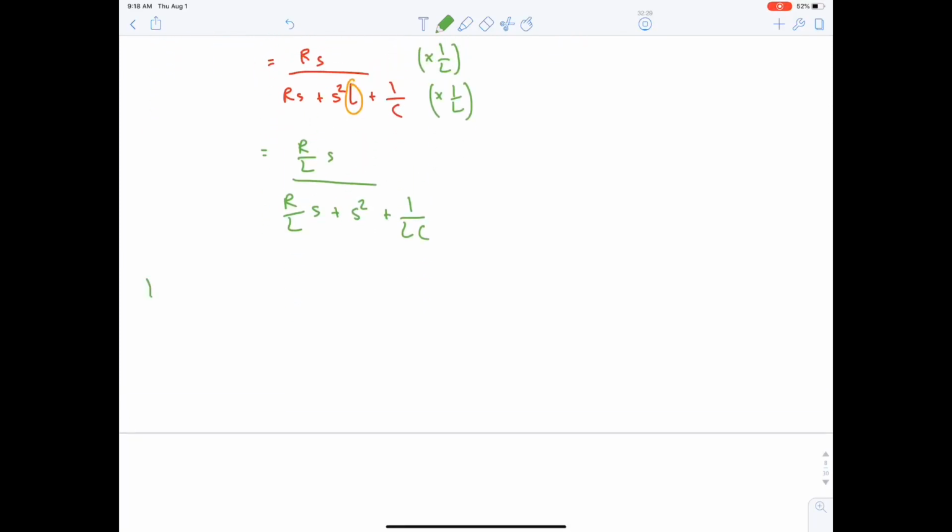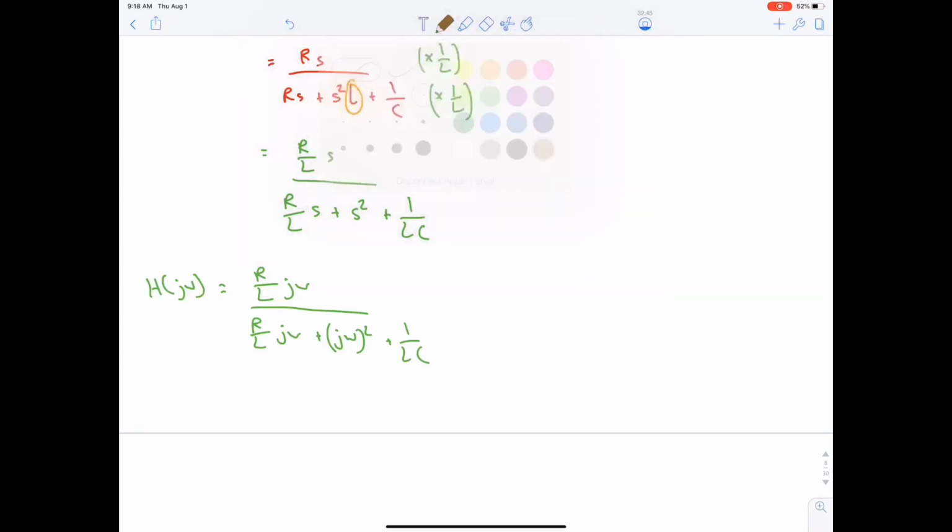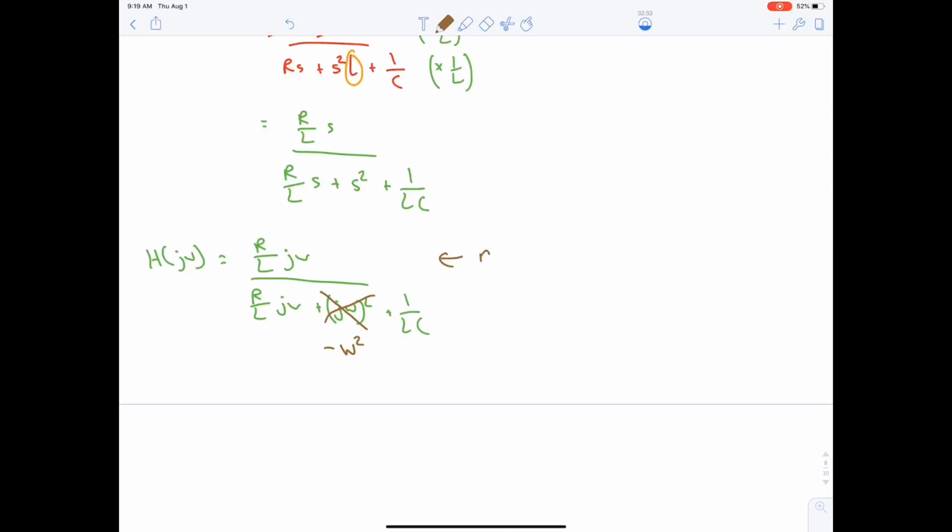But we need to find the magnitude. First let's put it in the jw form: R over L jw over R over L jw plus jw squared plus 1 over LC, and this will become minus omega squared. Okay, N1 and N2.